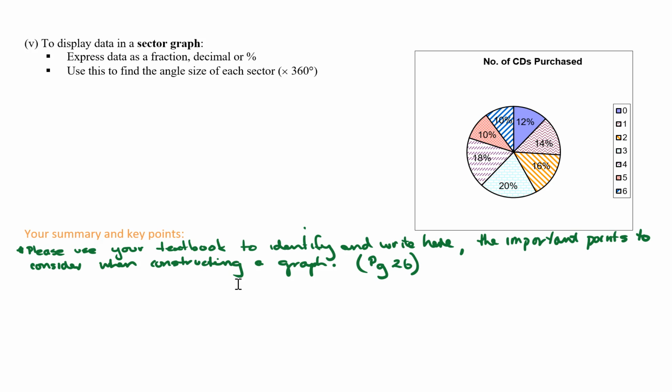Maybe you could imagine that an important point to consider is the type of graph that you're going to use to display. So that, along with some other points, are listed in the textbook, and I'd ask you to please make sure you include them in your summary and key points.